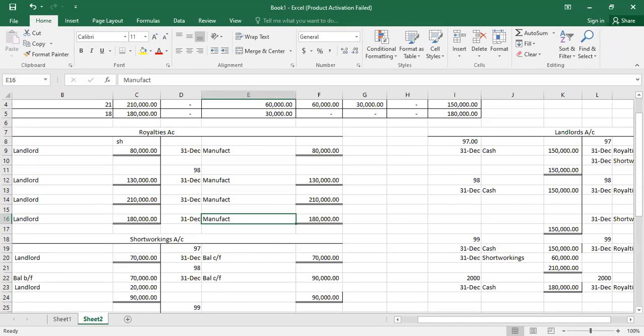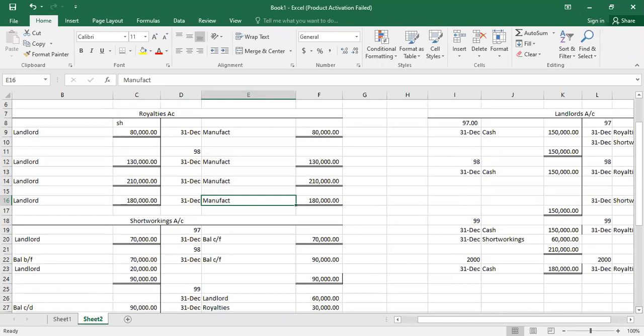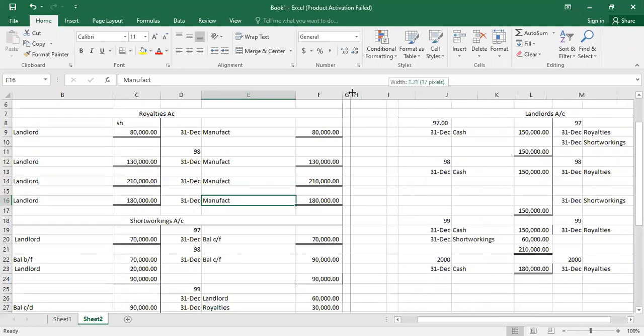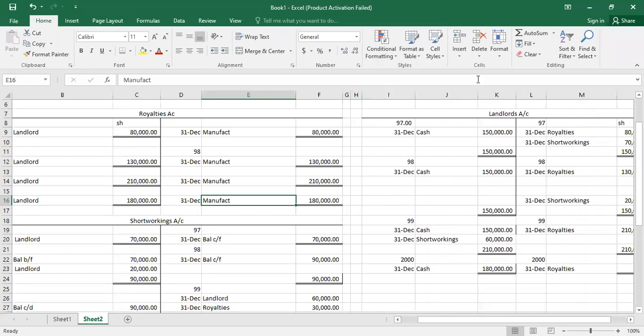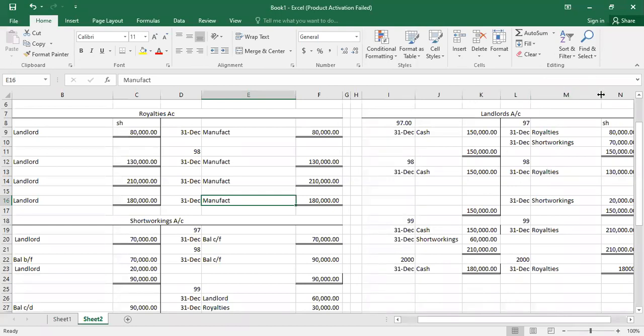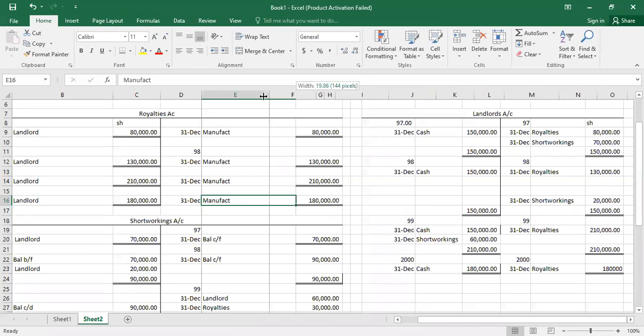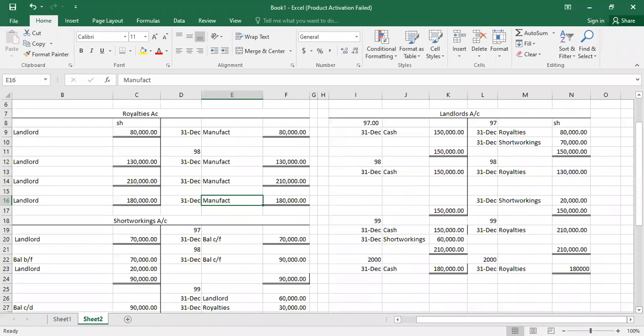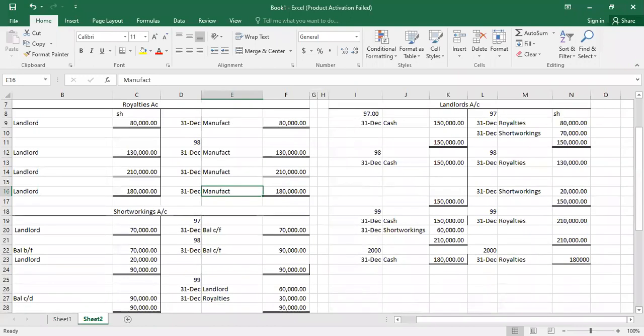So these are our accounts. These are the accounts for the lessee, and our lessee was in the name of Fingers Limited.